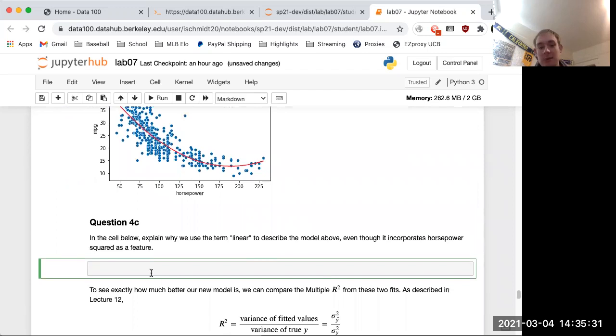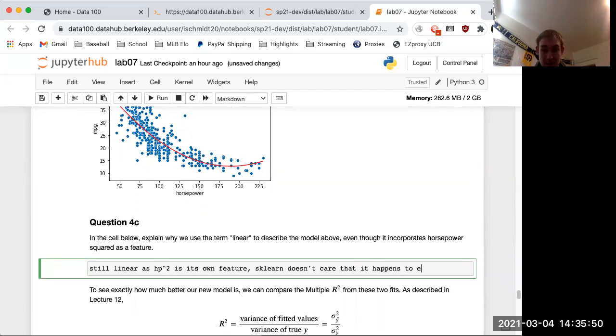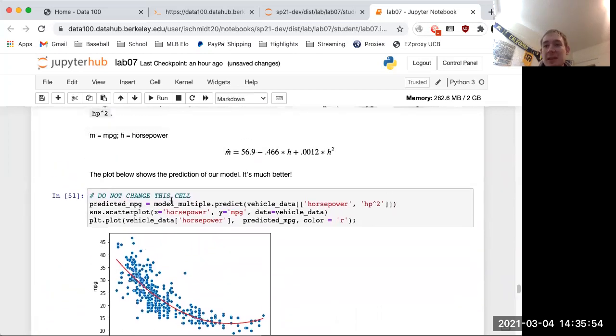So I would say, well, still linear as HP squared is its own feature. sklearn doesn't care that it happens to be a square. We could have replaced h squared with some other variable, like j or something like that.